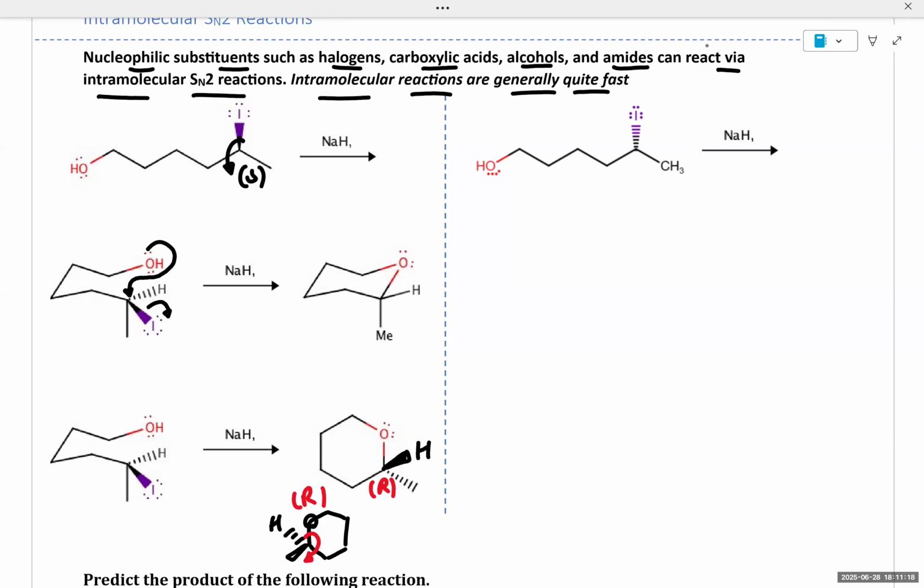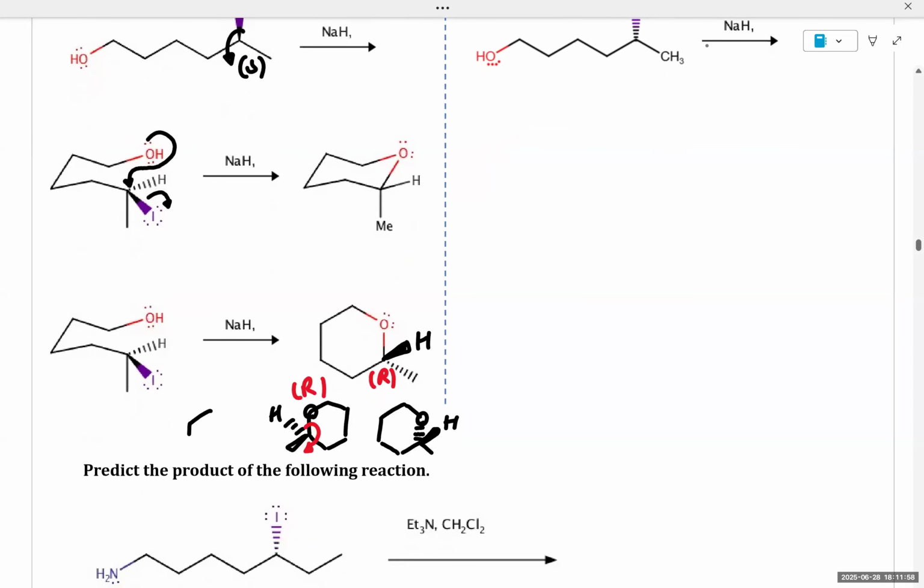Another way to draw out this product is if this iodine starts with a wedge, after displacement, the oxygen would approach from the opposite face, so it would have a dash. That's another way to draw this out, and it also works just as well.